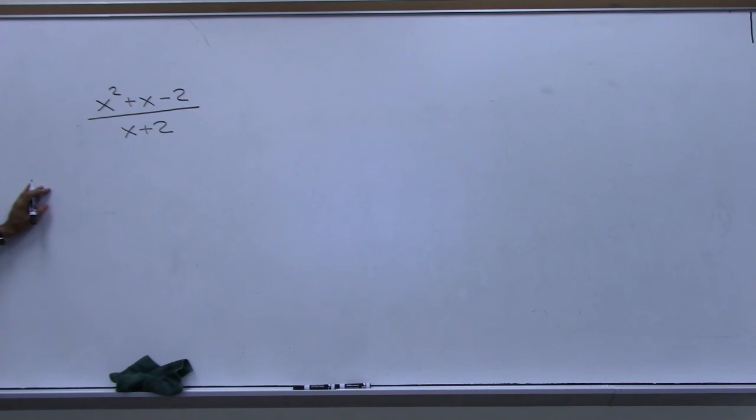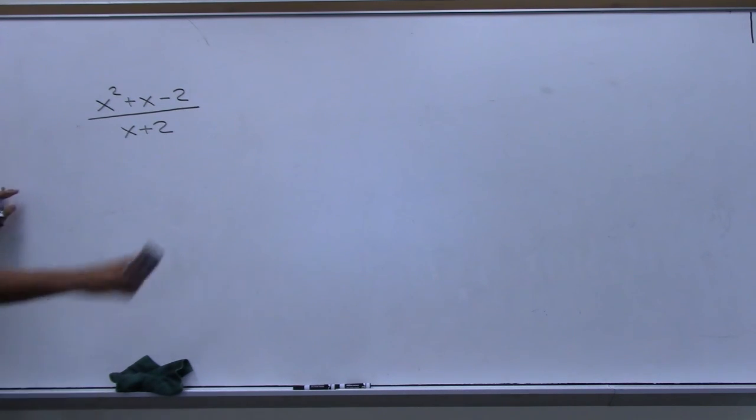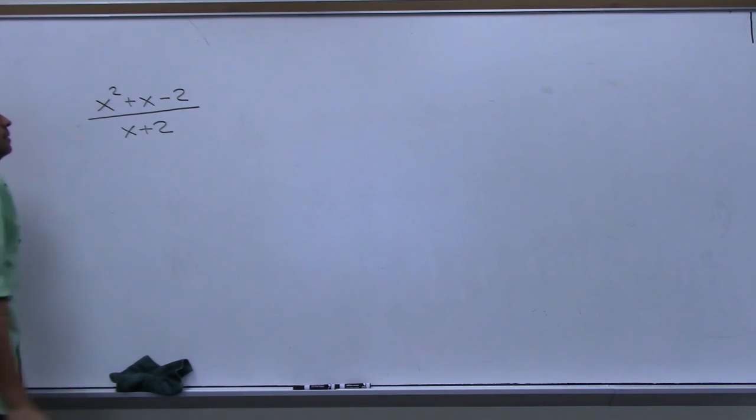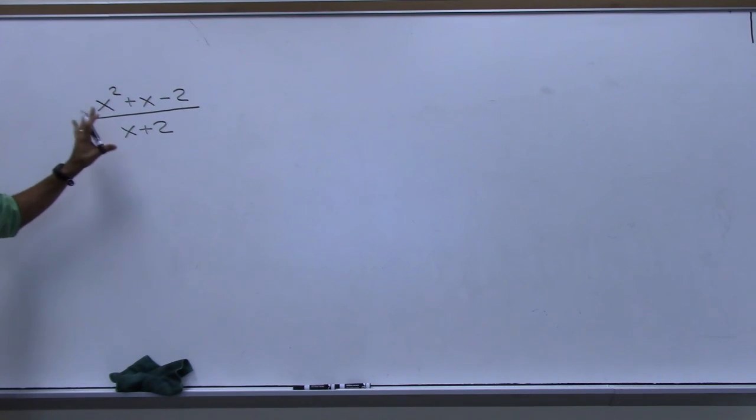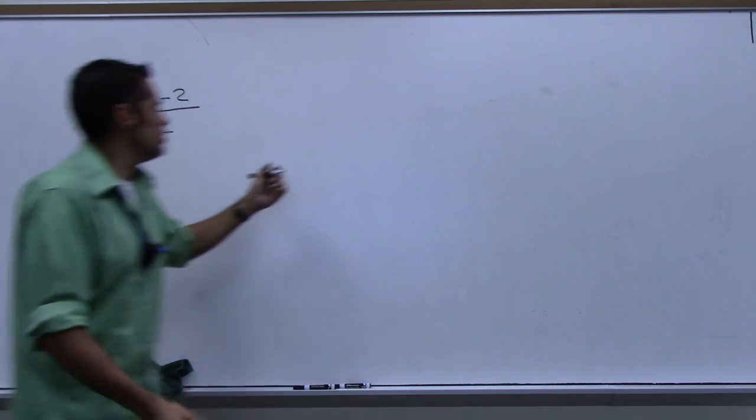Okay, so how do we do this? Hold on, I'm thinking of how I want to lead you into this. Let's first just look at what this should be as an answer, right?